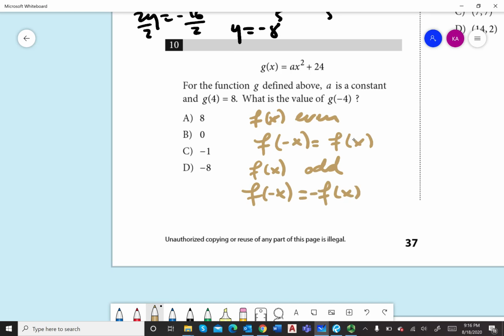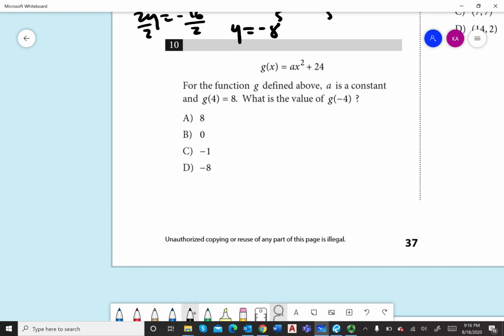So for even, it doesn't change, and for odd, it changes into the opposite. Here you can realize that the function is even, which means that g of negative 4 is equal to g of 4, which is equal to 8. And your answer is A.